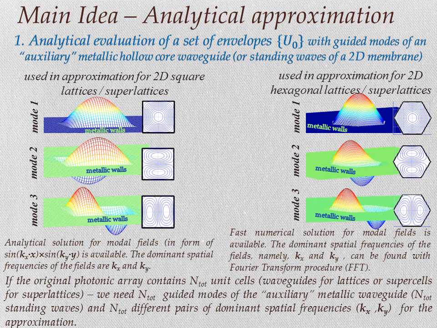First, analytical evaluation of a set of envelopes U0 with guided modes of an auxiliary metallic hollow core waveguide or standing waves of a 2D membrane. Here you see the first three guided modes of a square metallic hollow core waveguide used in approximation for 2D square lattices and superlattices.